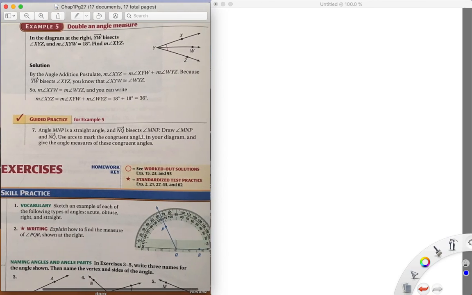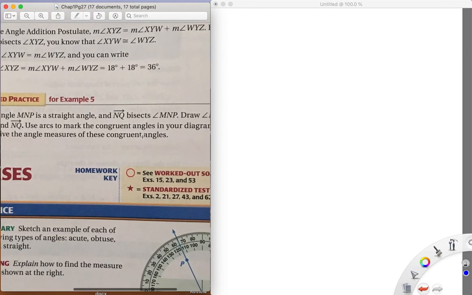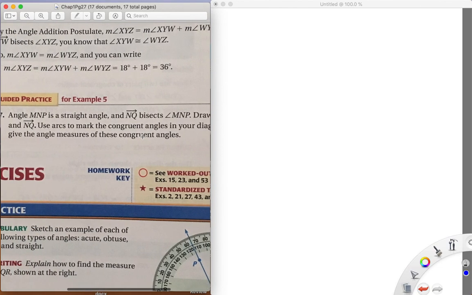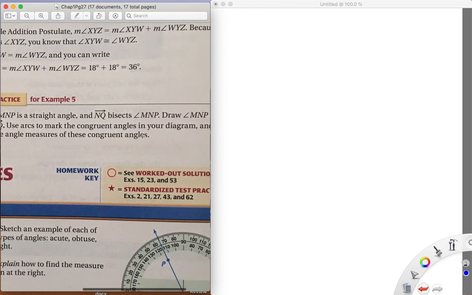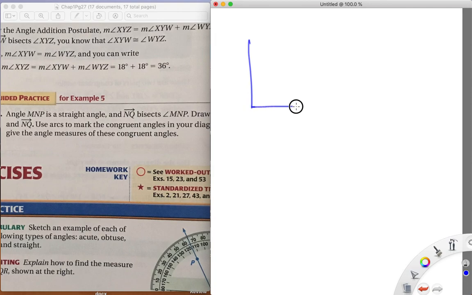Alright, and number 7 says MNP is a straight angle, NQ bisects MNP, draw MNP. Alright, so we're not doing that. I just actually did it. But if you wanted to, so MNP, let's call it a 90-degree angle.